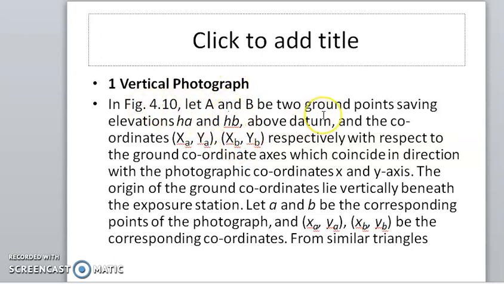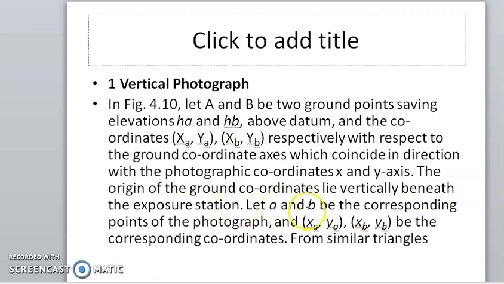A and B are two ground points having elevations HA and HB above the datum. The coordinates XA, YA, XB, YB are with respect to the ground coordinate axes, coinciding in direction with the photograph X and Y axes. The origin of the ground coordinates lies vertically below the exposure station.